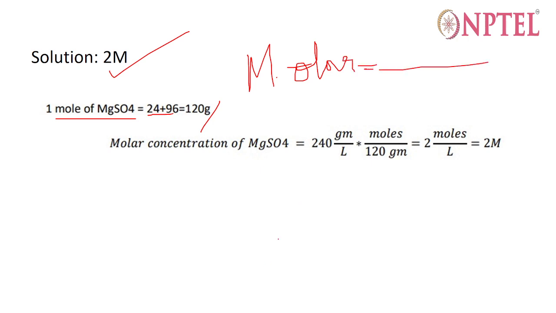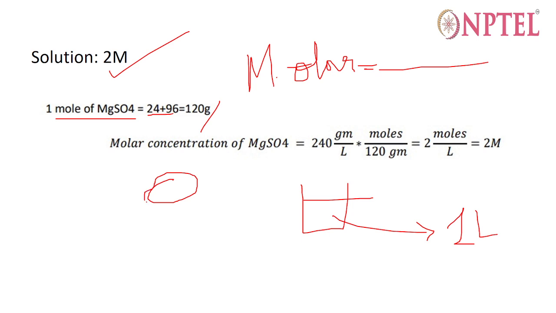Nothing. You take one beaker, you add 1 liter of distilled water, simple concept. Here it is MgSO4, so how much MgSO4 will I take? The molecular weight of MgSO4 is 120 gram, right?